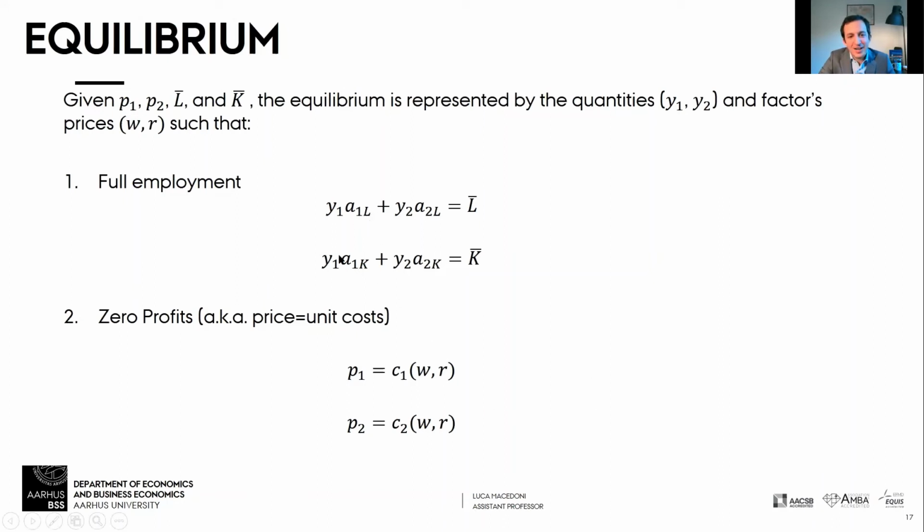If a1L over a1K is always larger than a2L over a2K, there are not any changes, you can think that there is a one-to-one mapping between the prices and the relative wage and rental on capital. Okay, and so if the prices are the same between two countries, also will be the wages and rental on capital.